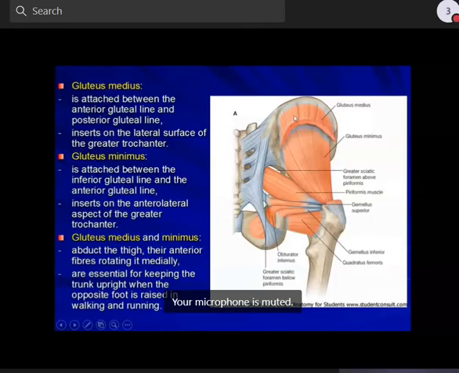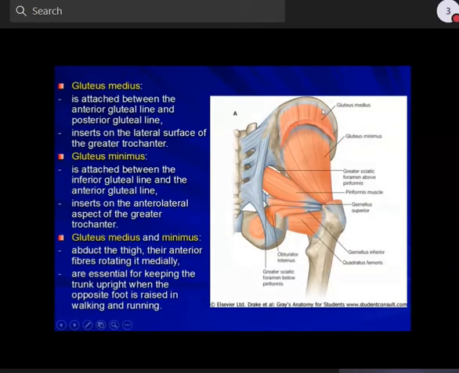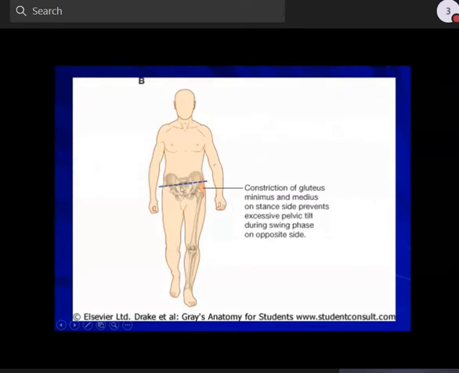The gluteus medius and minimus are extremely important while walking, because if we are standing on one foot, on the ipsilateral side, two muscles contract in order to prevent the contralateral tilt. It's very important here.